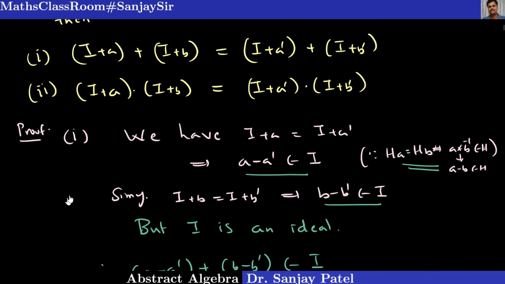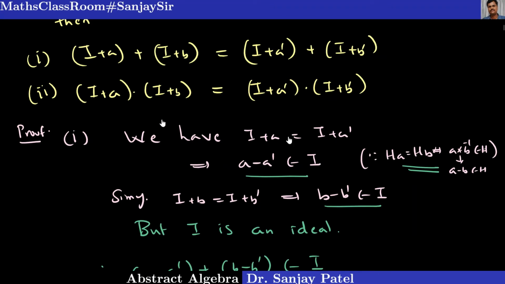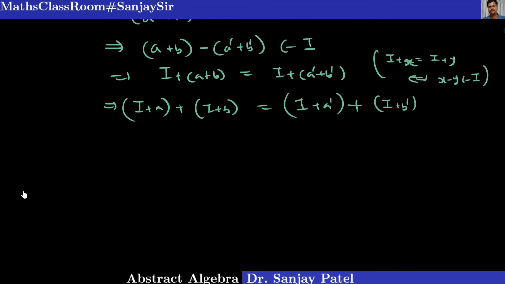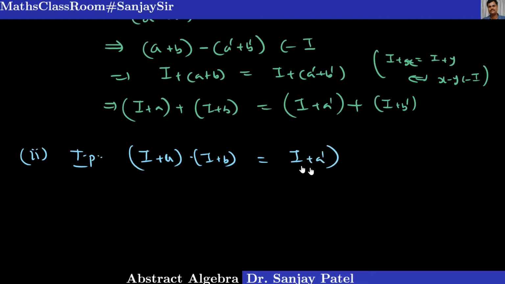The same way I want to prove that the result is true for multiplication also, that is, it is a valid operation in case of multiplication. So let us start with the thing to prove: (I + A)(I + B) = (I + A')(I + B').